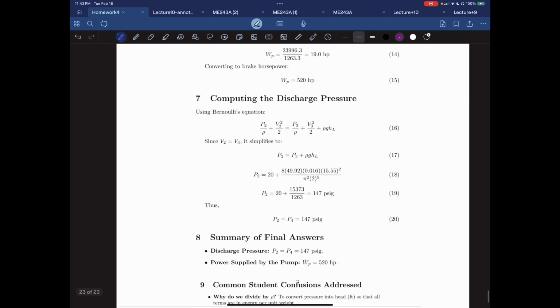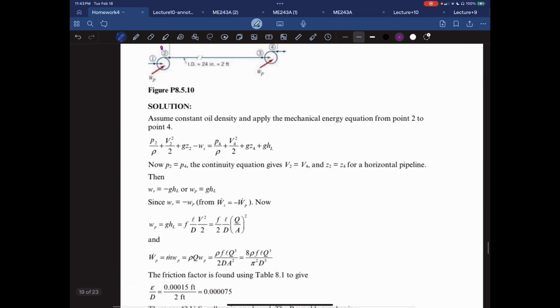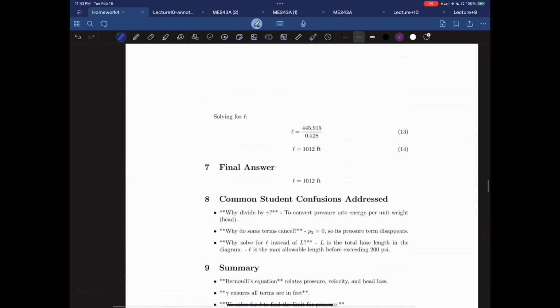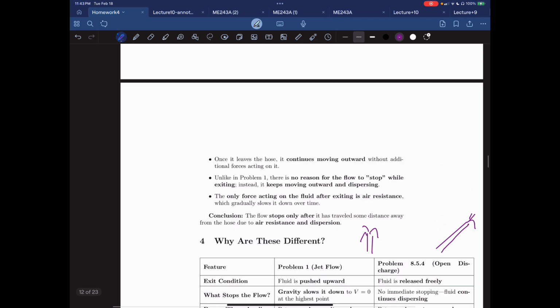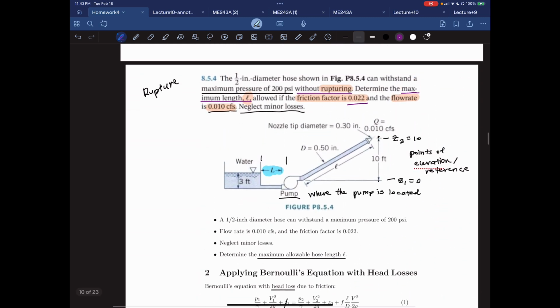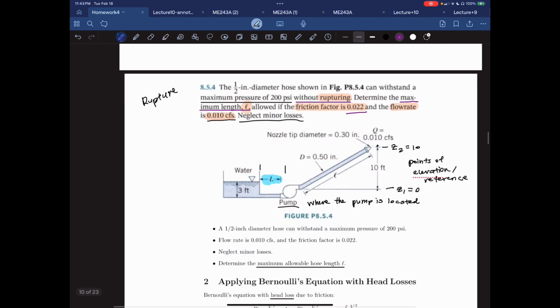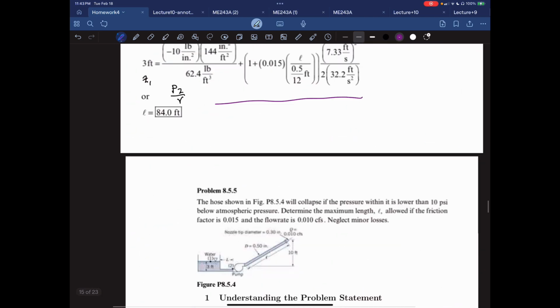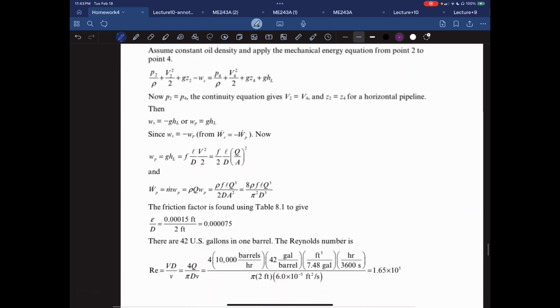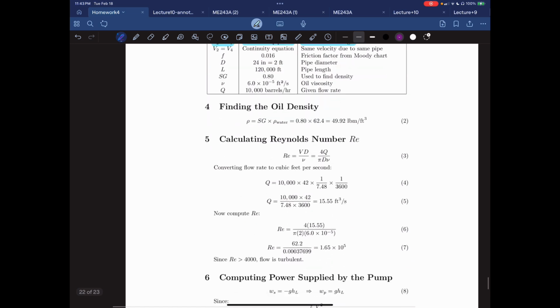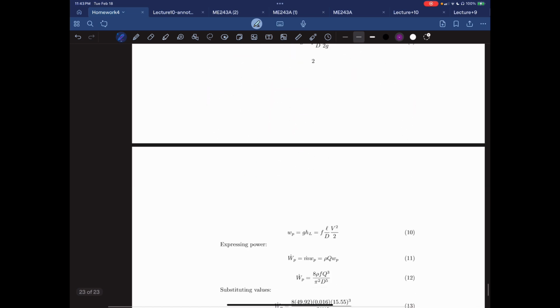And this is the discharge concept I was talking about for 8.4.4, I believe, 8.5.4. So now we're seeing that concept in action, applied.